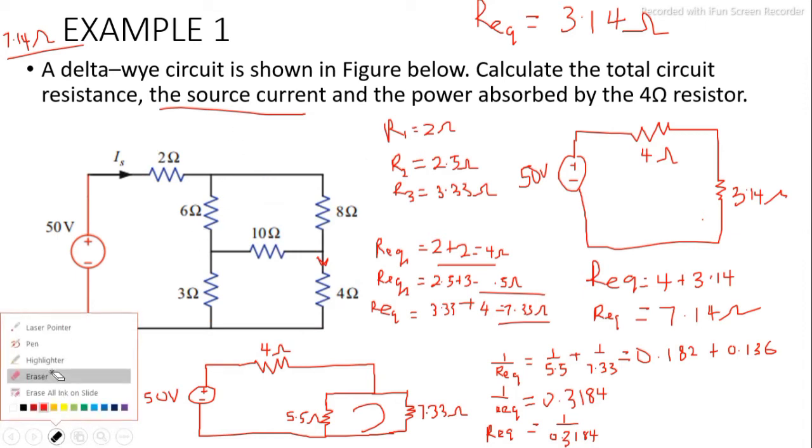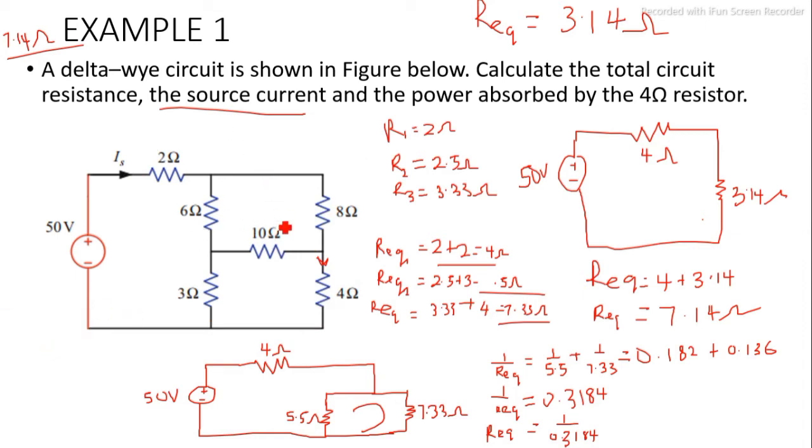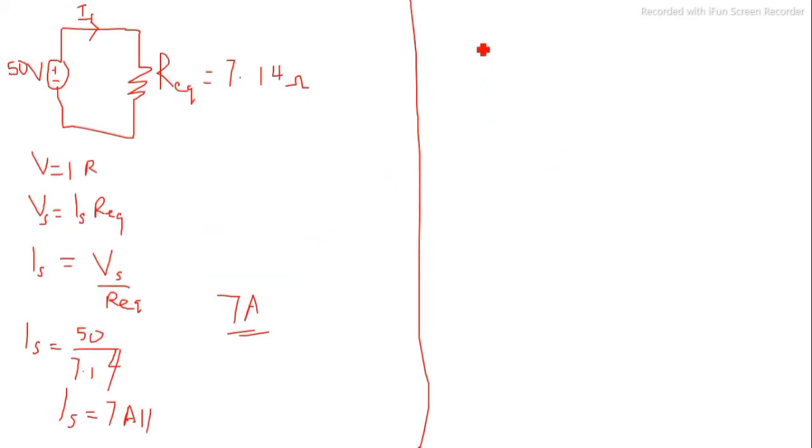Okay, so I have to redraw that. Let me redraw it here. Plus minus 50 volts. Then you have a 4 ohm resistor here. You have your R1 moving in this direction, you have your Y moving in this direction, then you also have this moving in this direction.